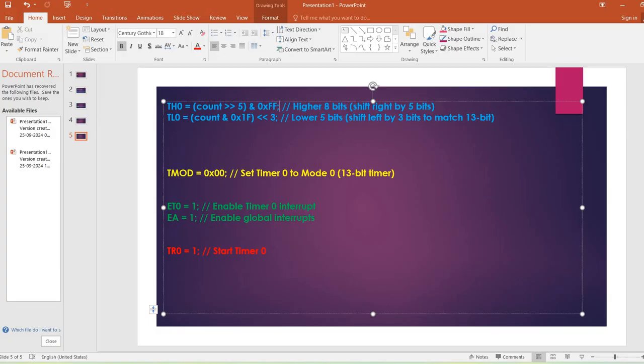This is the simplest logic, to only store the count rather than finding exactly which count to load and splitting it into hexadecimal 8-bit values. Then the TMOD register value 0x00 denotes timer mode 0 operation, meaning a 13-bit timer is used. Then enable the timer interrupt and the global interrupt, then start the timer and check the TF flag.